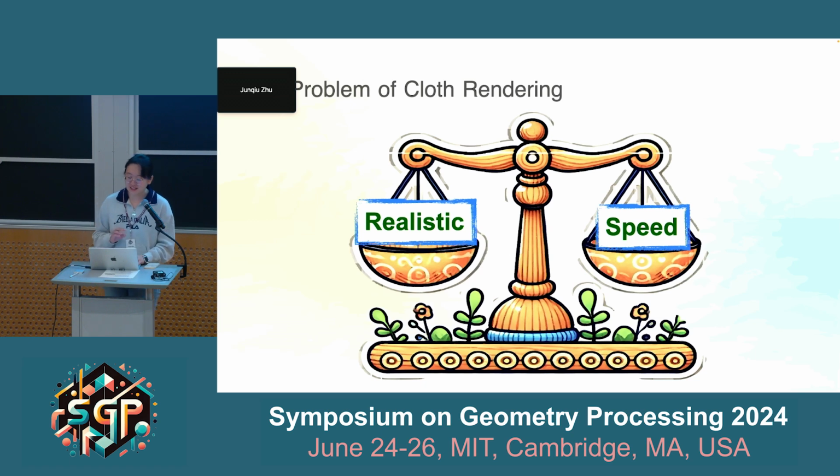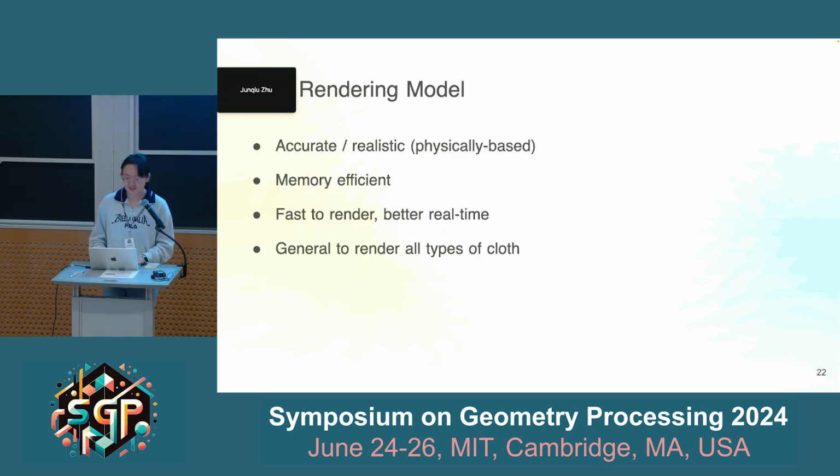So we can see the key problem of cloth rendering methods is that they struggle to balance realism and efficiency. The macro appearance methods can produce very realistic results, but they are slow and require a lot of memory. On the other hand, the surface-based methods are very efficient, only needing the surface geometry, but the results are not realistic.